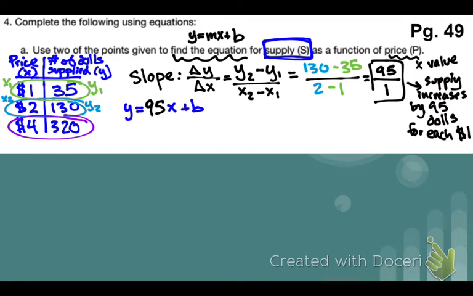But how can I use the points in the table? You can go back to 0 and figure it out. I could go back to 0 and figure it out. I can also plug in my x and y. So I have y equals 35 equals 95 times 1 plus b.